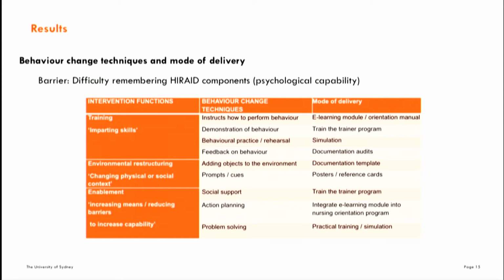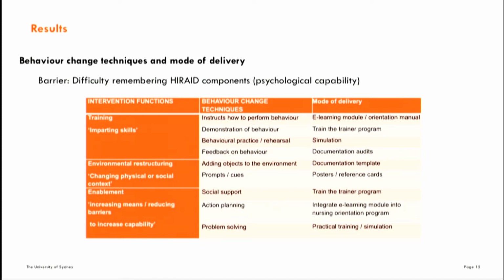So training is the imparting of skills. And so when we went to our behaviour change techniques taxonomy, it recommended using instruction, demonstration, behaviour practice and rehearsal, and feedback on behaviour. And you can see some of the modes of delivery that we then decided to use to carry out those techniques.